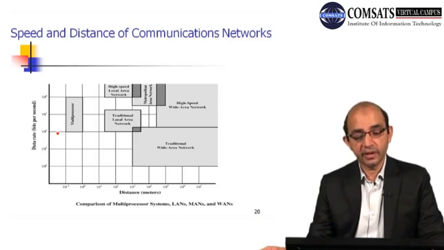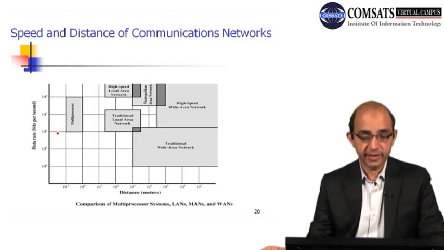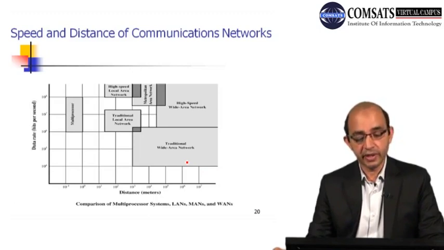And then here we have the speed and the communication networks plot, right? So over the horizontal axis we have the distance, and on the vertical axis we have the data rate, right? So you can see that in case of traditional WAN, we have longer distances, but the data rate is on the lower side, right?